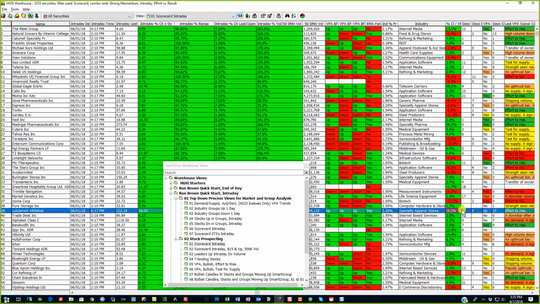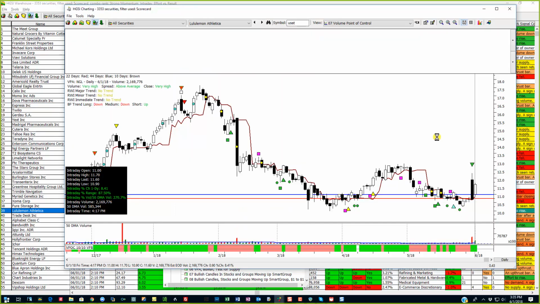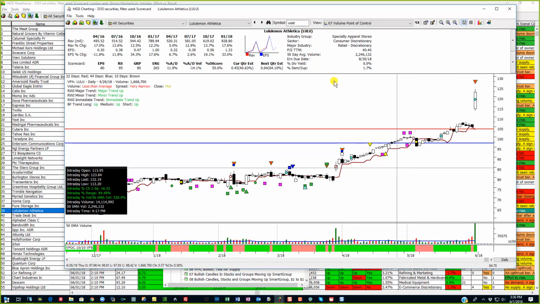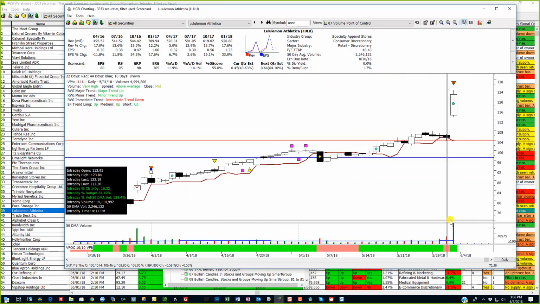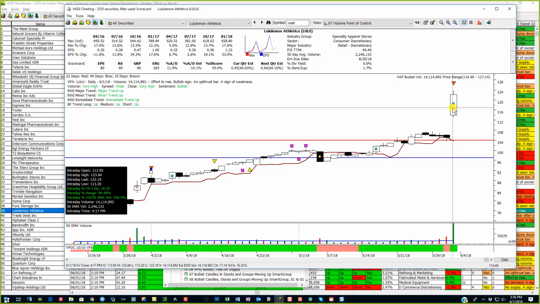Well, Lulu is a big mover today. It actually turned green yesterday. Am I getting today's? Yeah, that's today. $6.1.